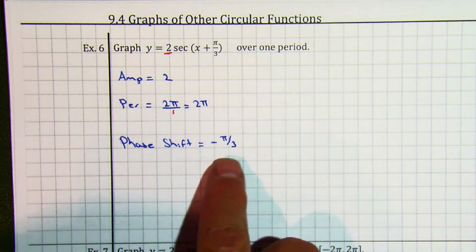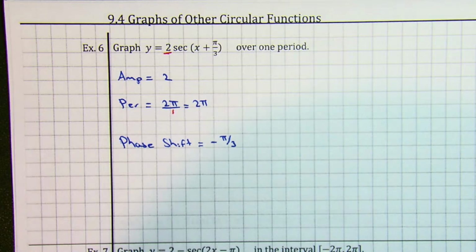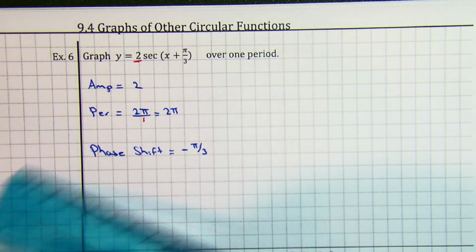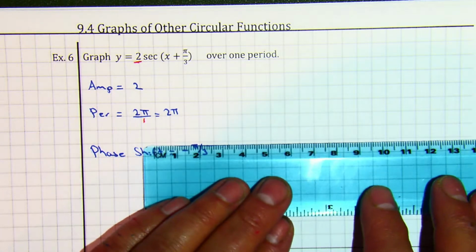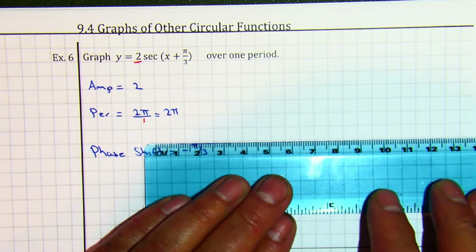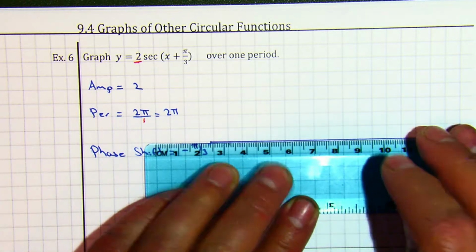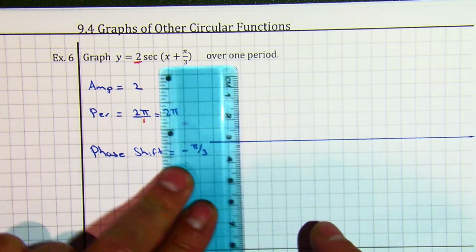Now, because of this third, we want to make sure that every 3 squares will be 1 pi. And I just need to do 1 period. Actually, let's just do 1 period. On the next one, we'll do a few more. I need to shift it to the left, so I need to have a little space, not too much.